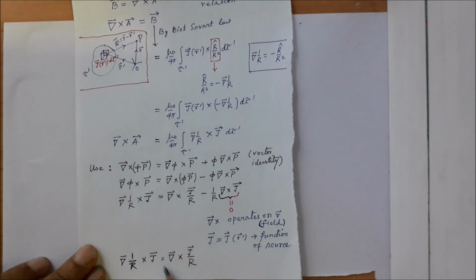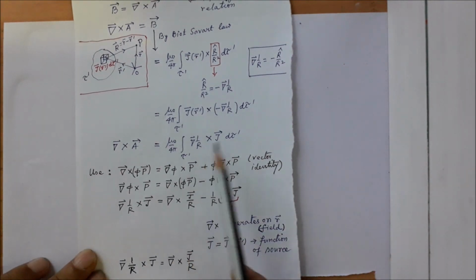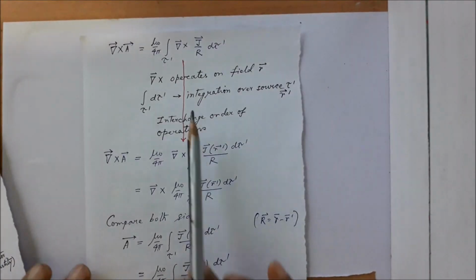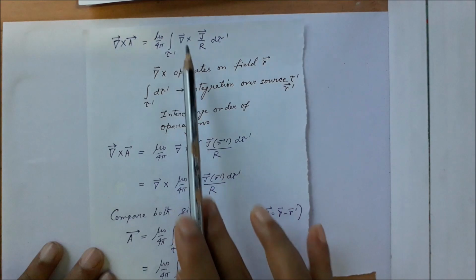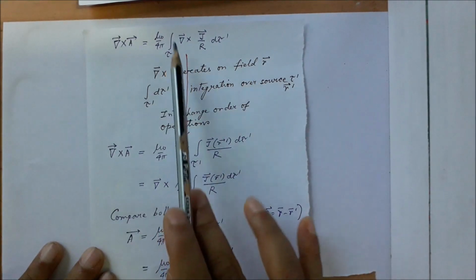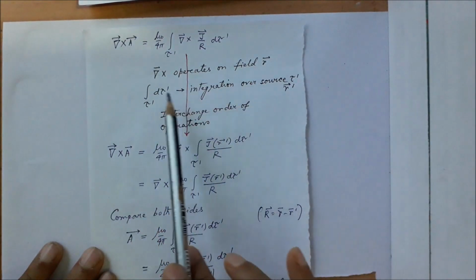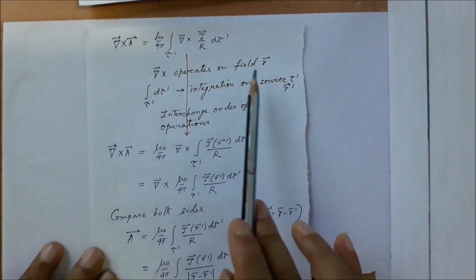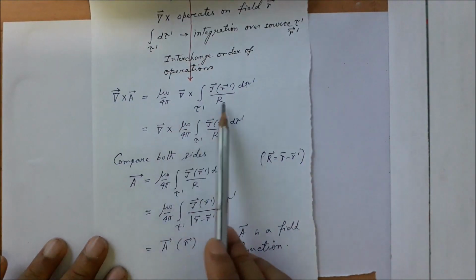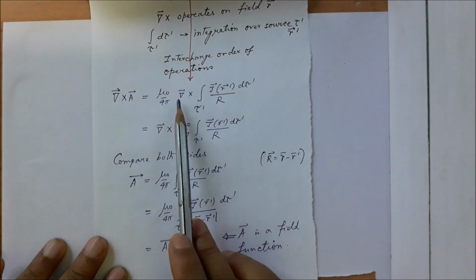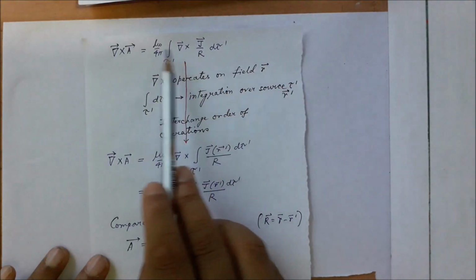So we can put curl of J by r in the integrand to get this expression. Here too we have two operations. One is curl, which is with respect to field, and the other is integration over source. We can interchange them because r and r prime are independent, and therefore we end up with this expression where curl has gone outside.